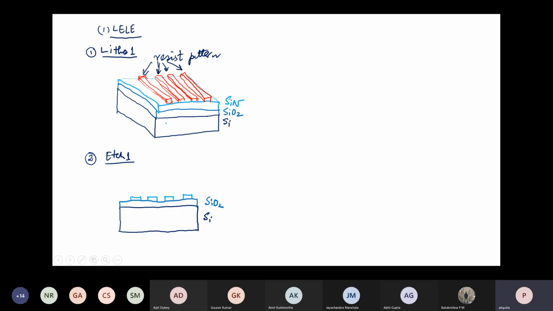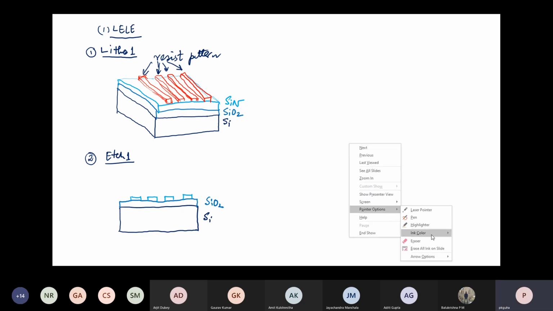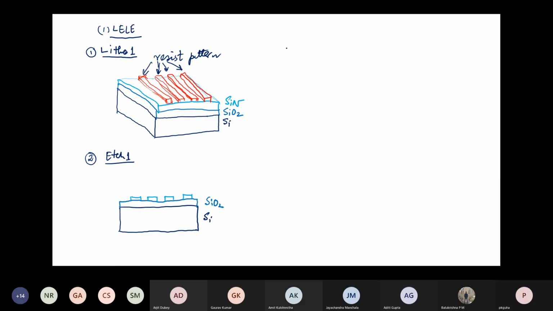Then I will do litho 2, litho 2 LE. So step 3 is basically litho 2.